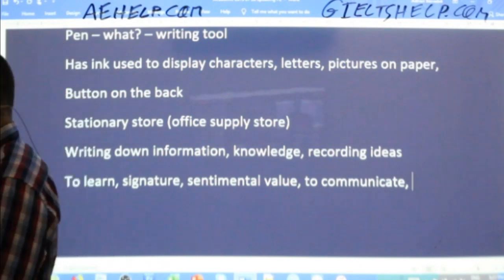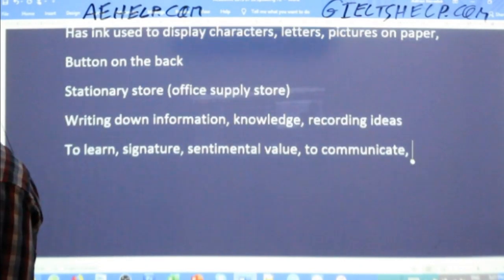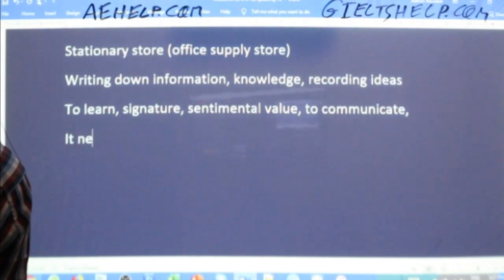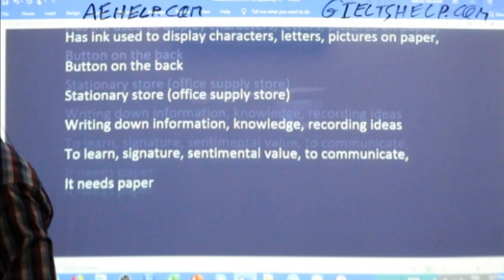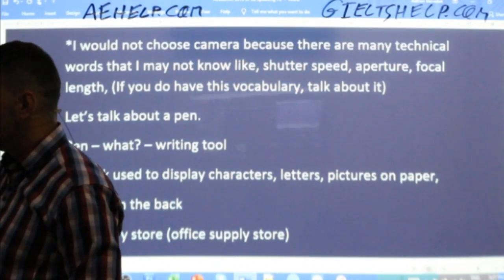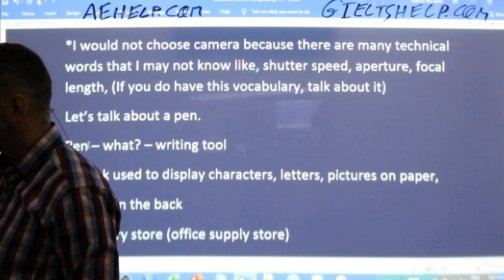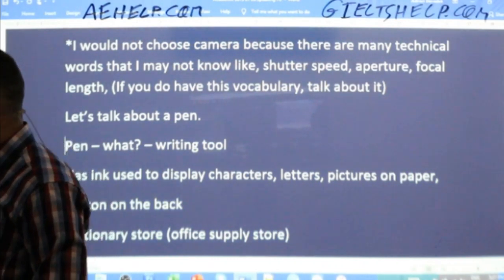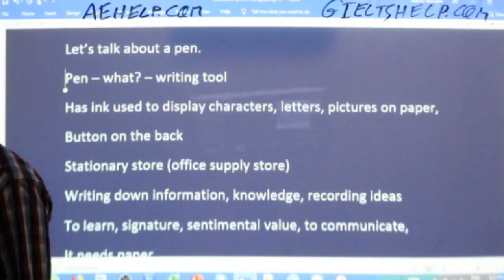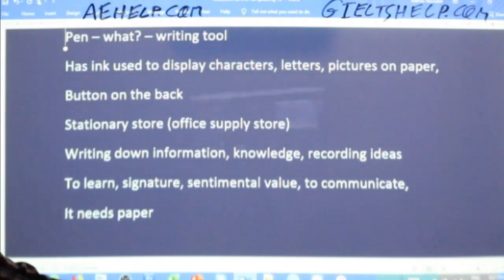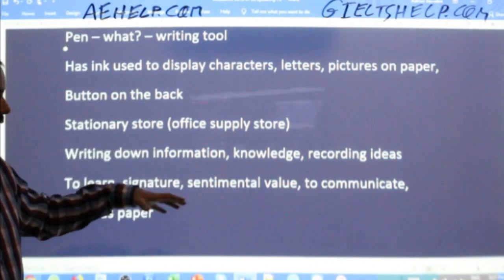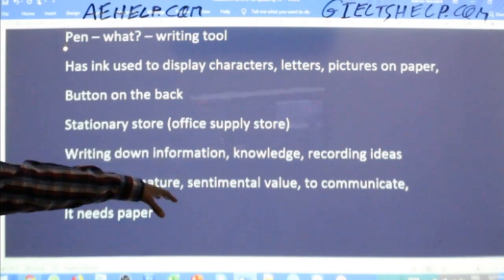So it needs paper or some kind of a writing medium, right? Okay, so here I have my origin, I have my function, I have my value, so its importance.